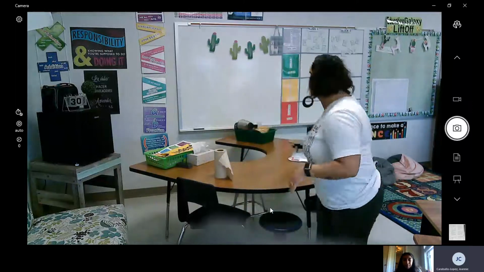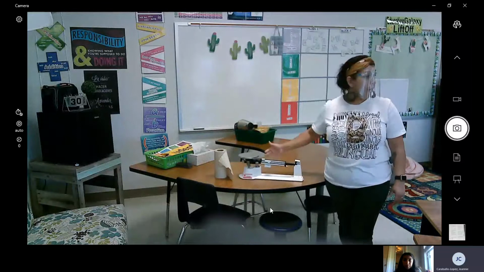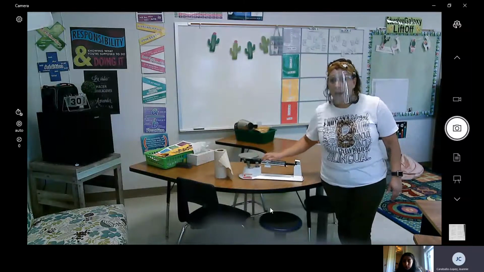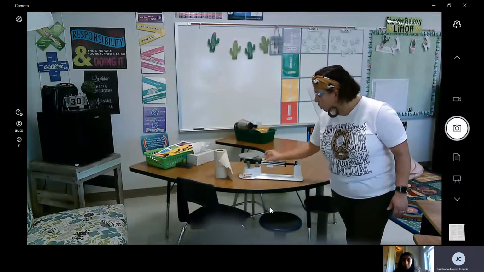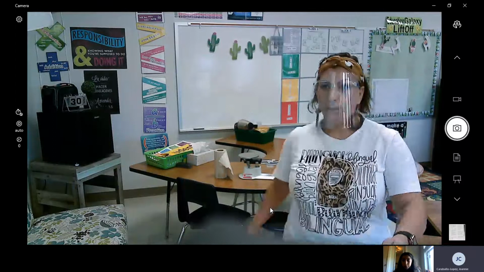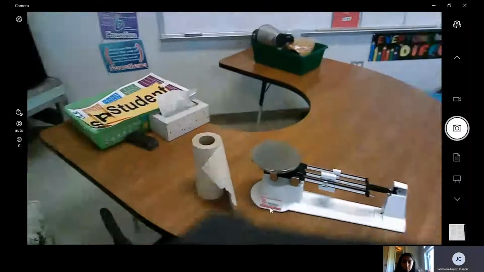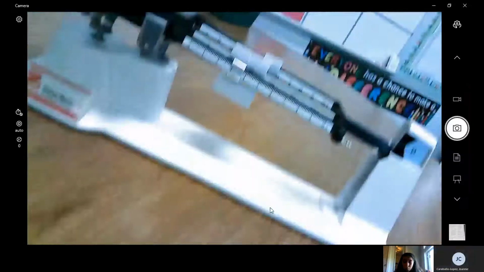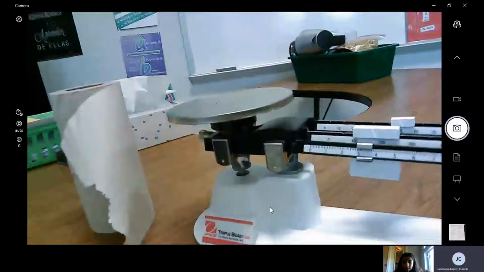Okay, guys, so here quickly, let me show you. This is called a triple beam balance, okay? And on this triple beam balance, in order for us to zero it out, we have to make sure, so let me show you an example. This is not zeroed out. I'm going to ask you to be my camera lady.